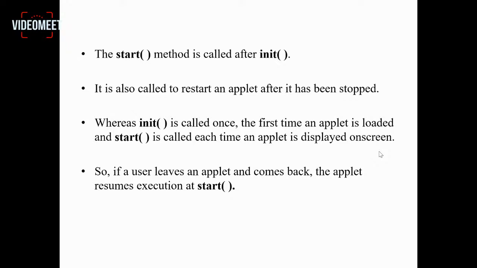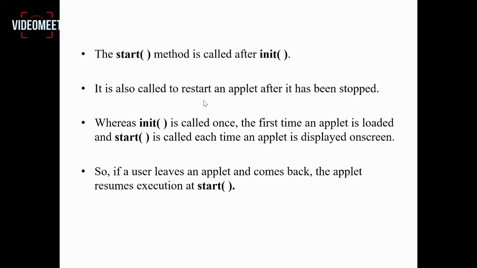And once the start method is called, even the paint method will be called again and again. So the start method, paint method, and stop method, all these methods will be executed multiple times during the entire life cycle of the applet. But the init method will be called only once in its lifetime.